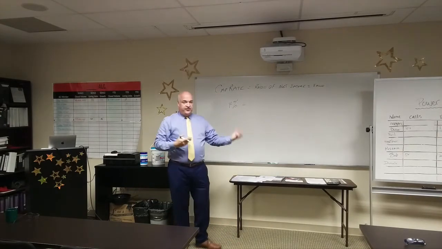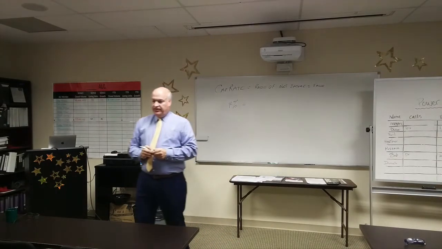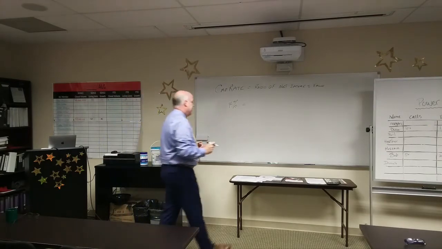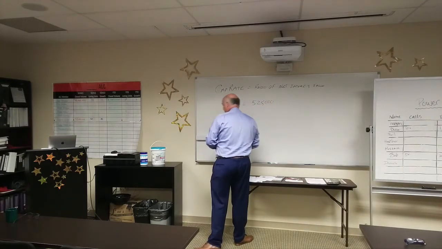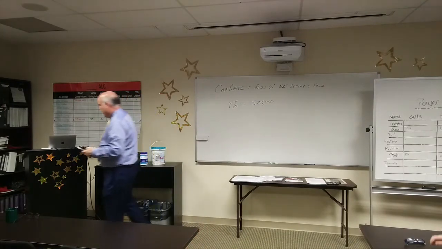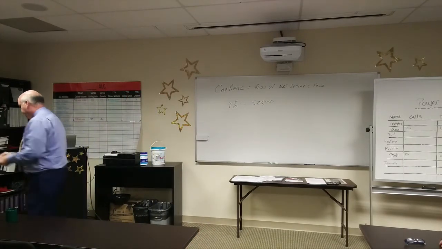So I get all the financials from the seller, and we find out that his net operating income on this park is $525,000. Now that's how much money he makes at the end of the day after all the expenses are taken out.